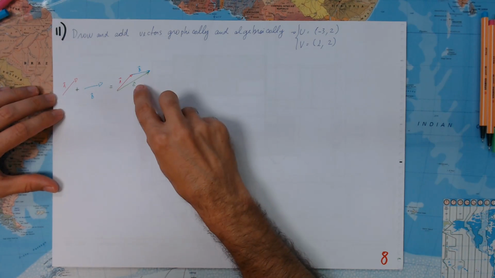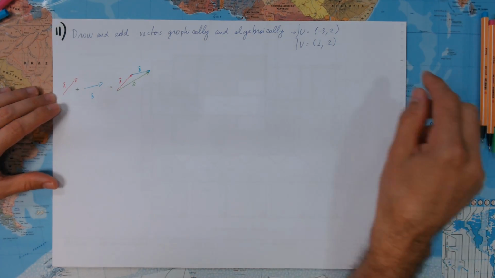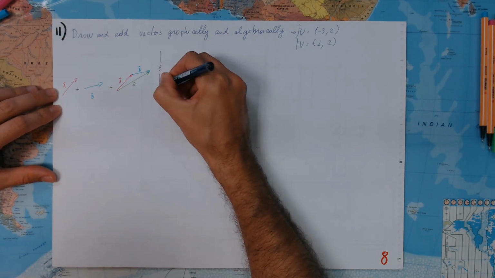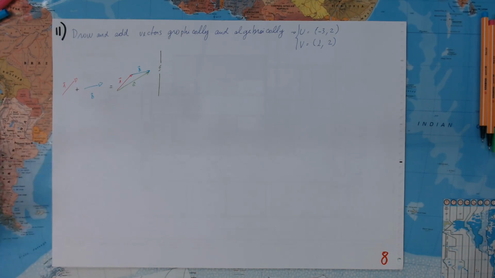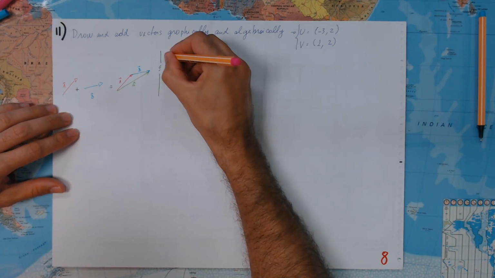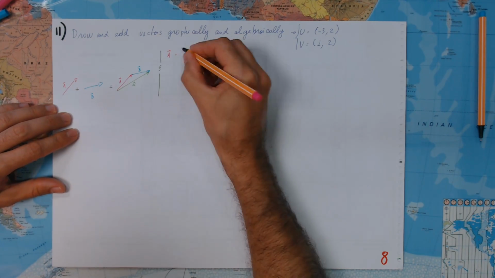this is adding them graphically, but we can also add them algebraically. To add them algebraically, let's say they are going to have coordinates. Let's say that vector A has coordinates.